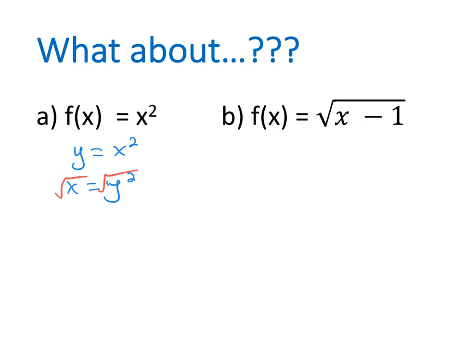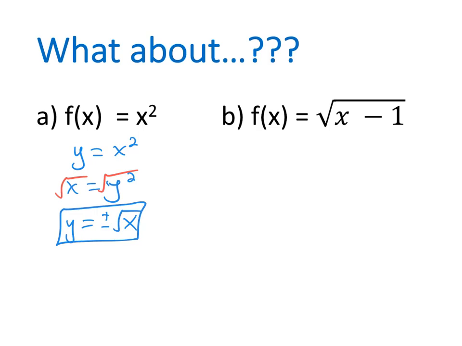Now remember, when you take the square root of both sides, not only is the positive value squared positive x, but also if I square negative x, that's going to be positive x. So I have to remember a little plus or minus in front there. But that would end up being the inverse of this function.